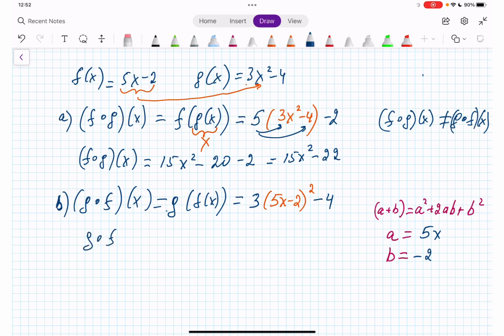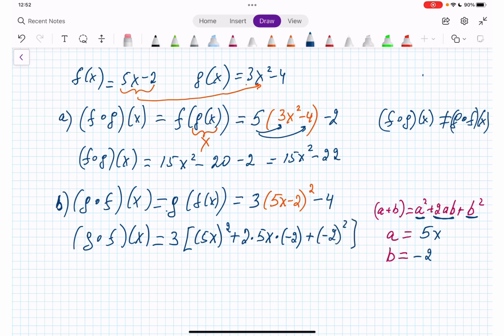g composed with f of x is equal to 3 times, here I'm getting the a squared, right, in this formula, a squared, which is going to be (5x)², and then plus 2ab, plus 2 times a is 5x, b is negative 2, and plus b squared, which is going to be plus (-2)².